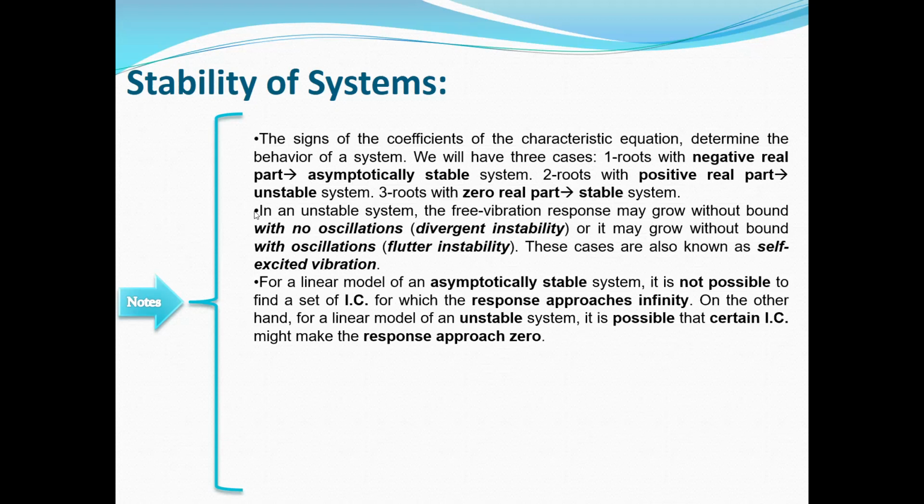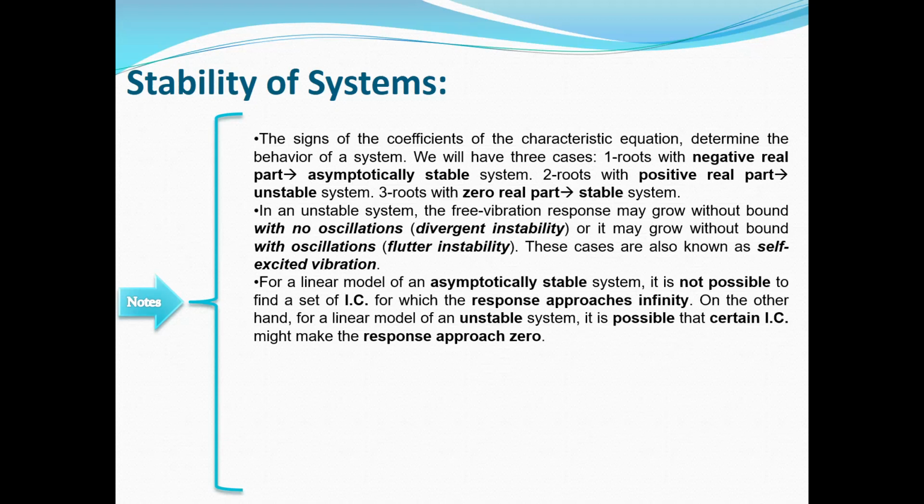The next conclusion is for a linear model of an asymptotically stable system. For all initial conditions, the response will always be bounded and go to zero. I mean, we cannot find any initial condition for which the response of this system approaches infinity.